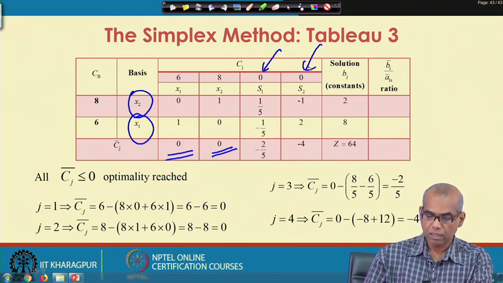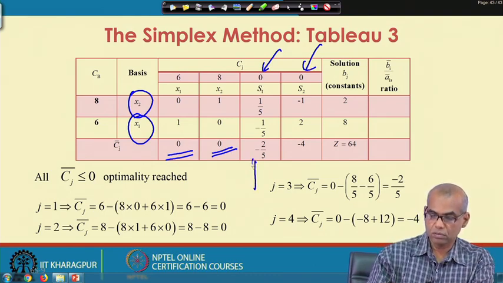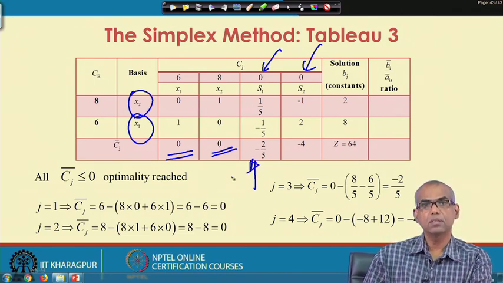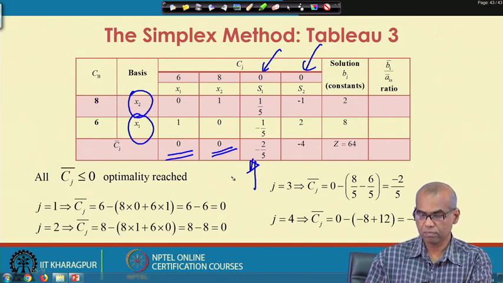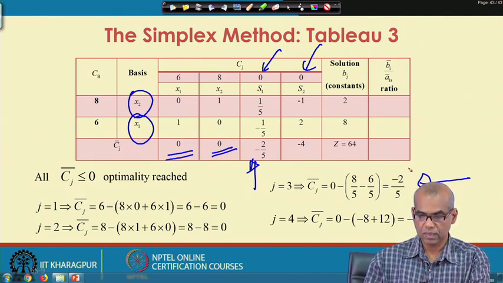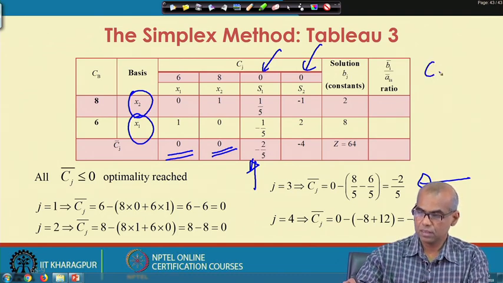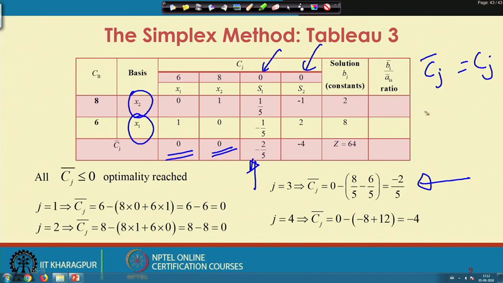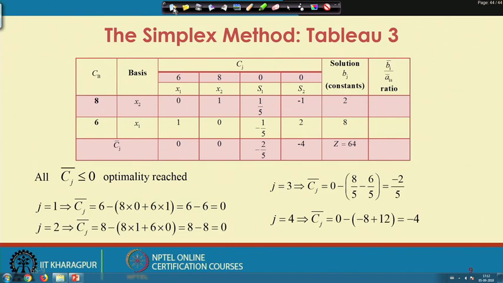We find that for S1, which is column 3, j equal to 3, you find the relative profit coefficients as Cj bar equal to Cj minus sigma Cbi Aij.